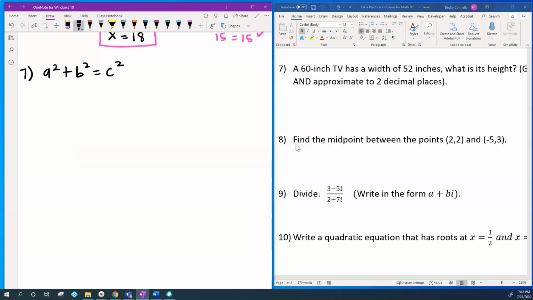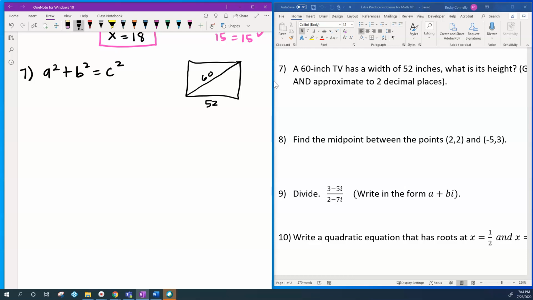All right, so that's 60. If we're talking about a television, remember that the way they measure televisions is the diagonal of the screen. So we know that this one has to be 60, and it says it's 52 wide, and we're trying to find that other one. We can put 52 in place of either a or b.